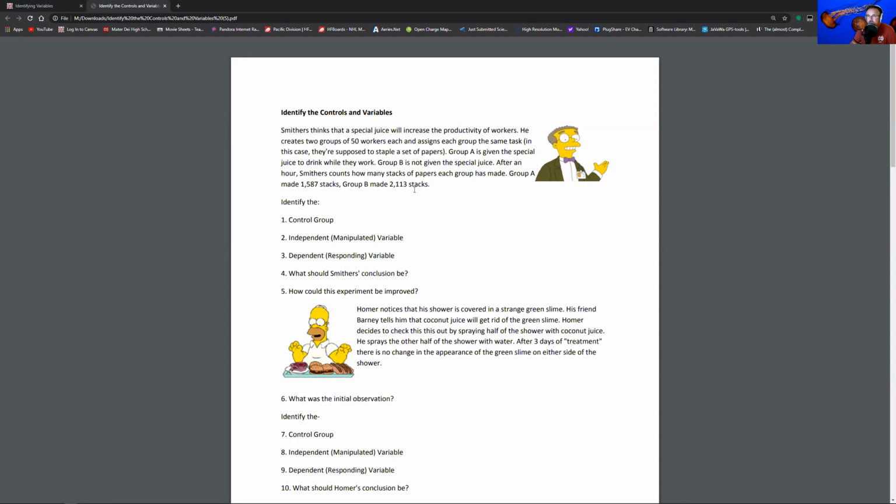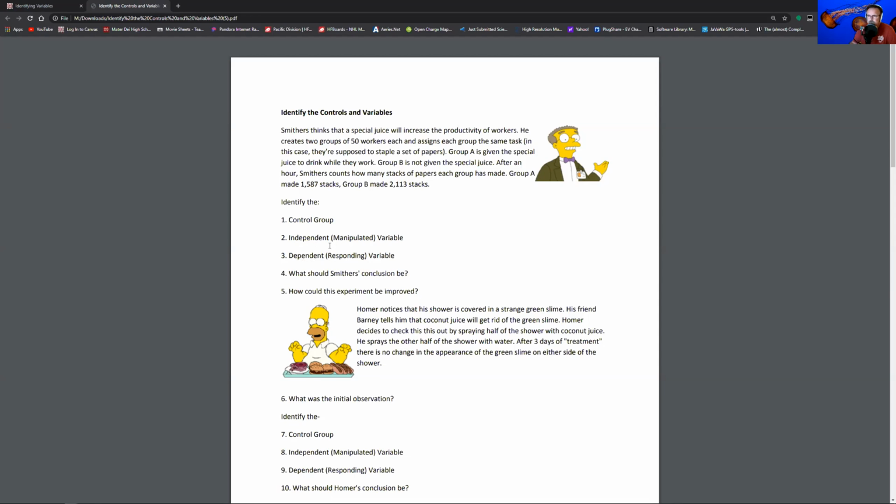So what I want you to do here is identify the control group, identify the independent variable, the one that we're manipulating, and then what depends on that? What was the response? What happens as a result of that independent variable that we manipulated? Like changing sunlight affected growth. Growth was dependent on sunlight.